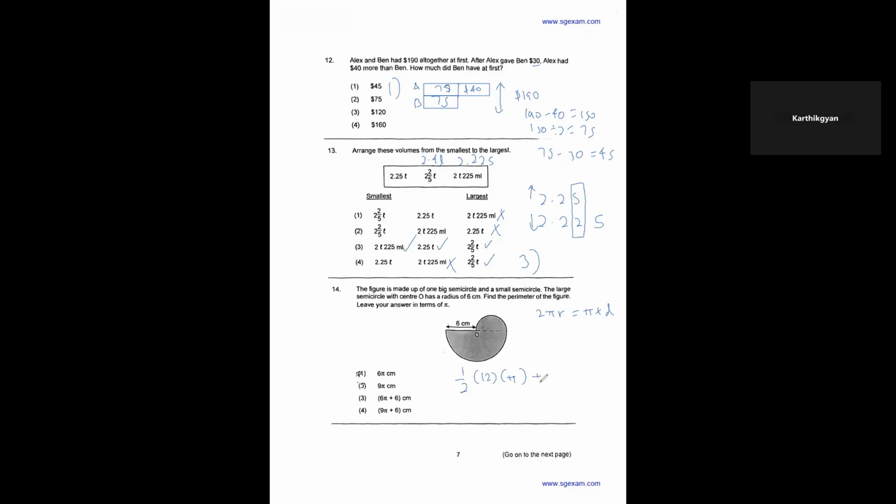Because it's a semicircle. Plus half times 6 times pi for this curve over here. So this should give you 6 pi plus 3 pi, that's 9 pi. And don't forget the number 6 over here. So it's 9 pi plus 6, option number.